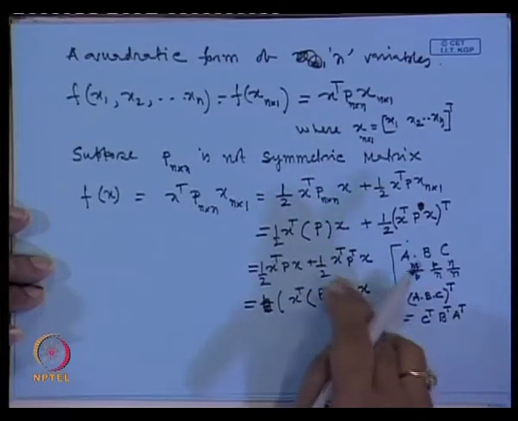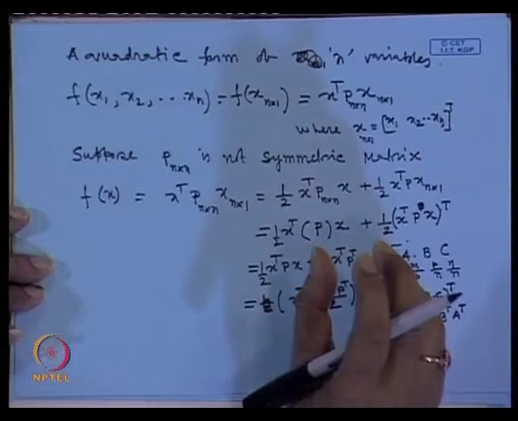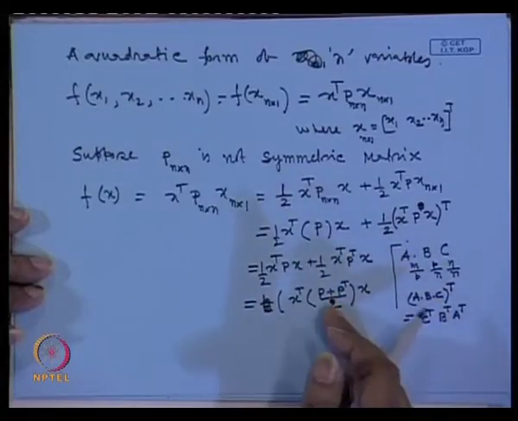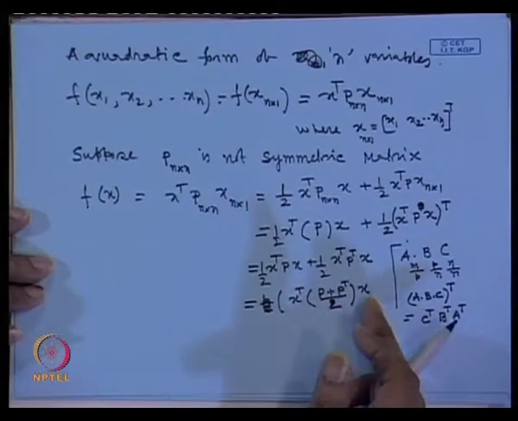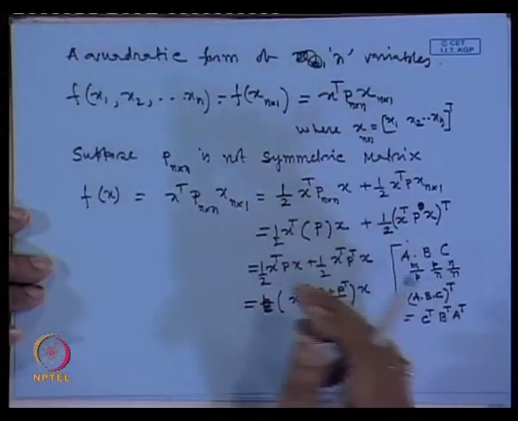We know that if A is a non-symmetric matrix, adding A transpose results in a symmetric matrix, and we are dividing by the scalar 2, so all elements of P plus P transpose are divided by 2 only.